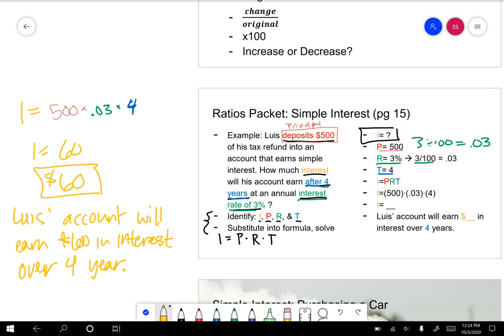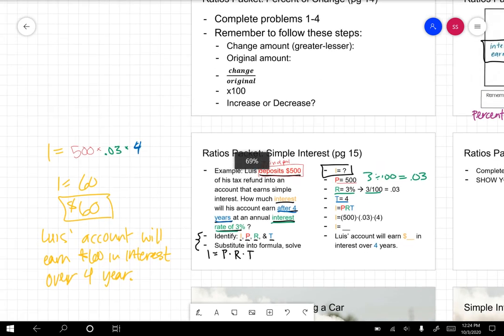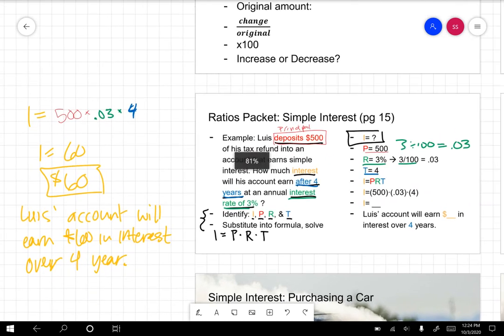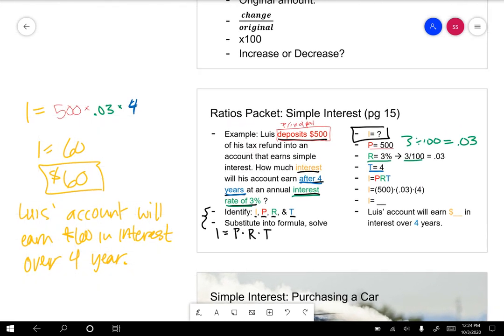So pretty cool. Interest can be cool if it's in your favor. It's not always in your favor, but in this example, it's great. So again, this is basically an example of a markup amount, where we have some percent that we're marking up, some initial amount.